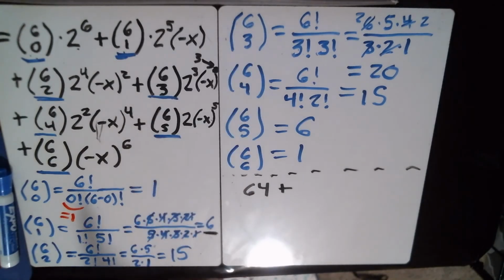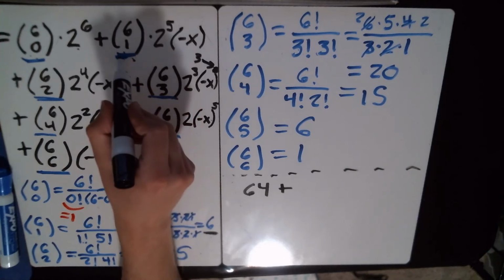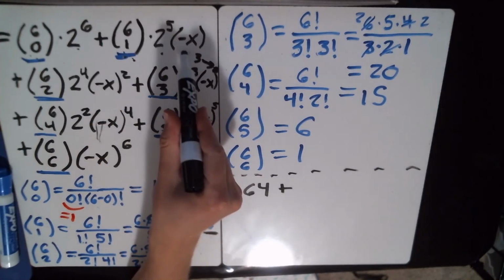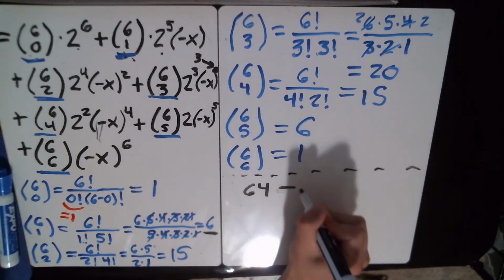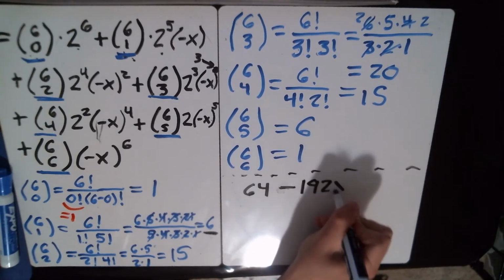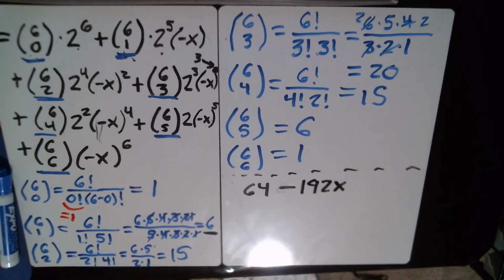So 6 times 2 to the 5th is 192, and then times a negative x. So we could switch this to a minus 192x.